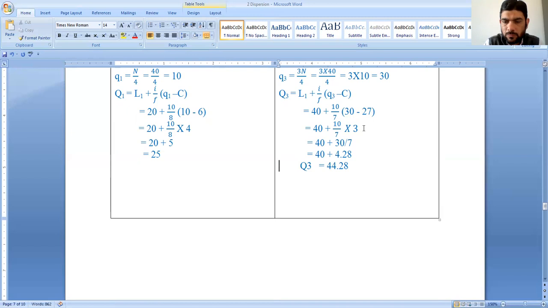Q3 is 44.28 and Q1 is 25. Now we have to apply the formula for interquartile range.